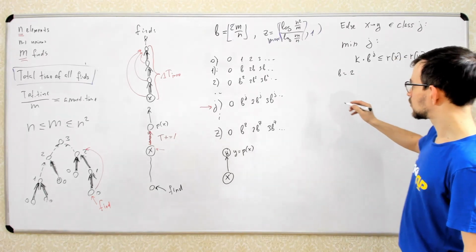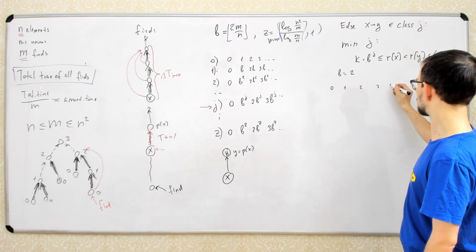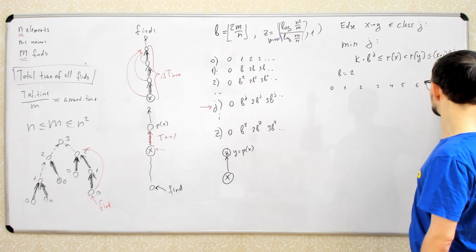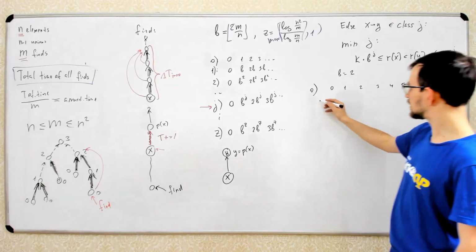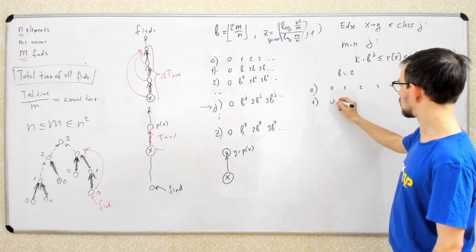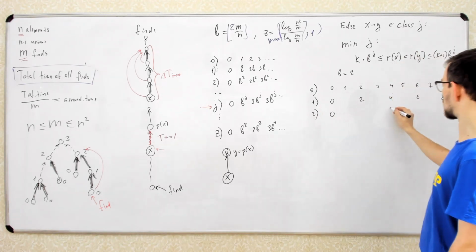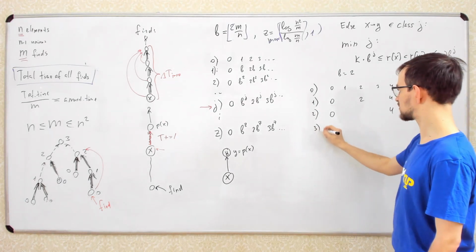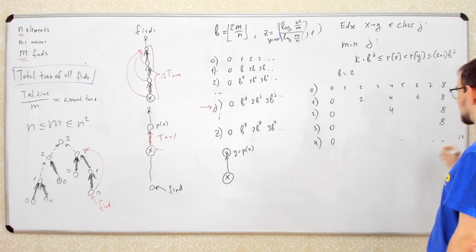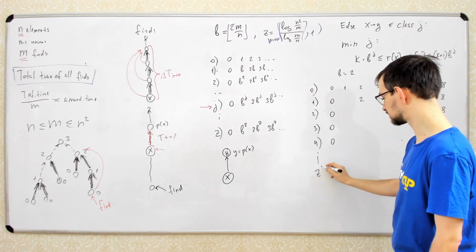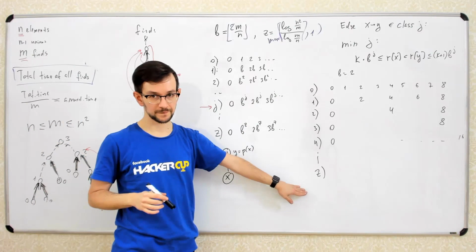So first you have numbers 0, 1, 2, 3, 4, 5, 6, 7, 8. That's for sequence number 0. Then next you will have sequence 1, 2, 4, 6, 8. Then you have sequence 1, 4, 8. Then you have sequence 1, 8, and so on.